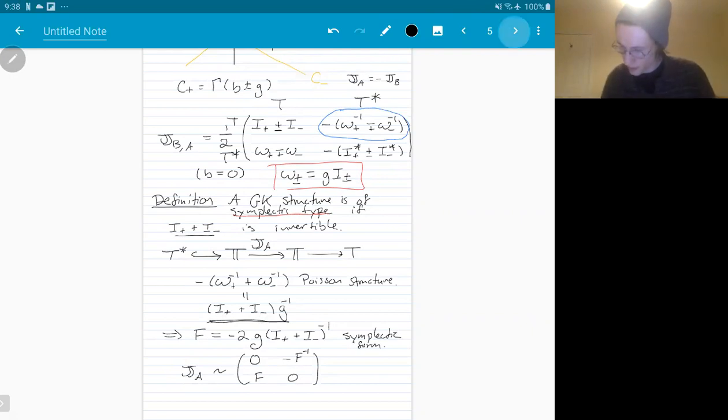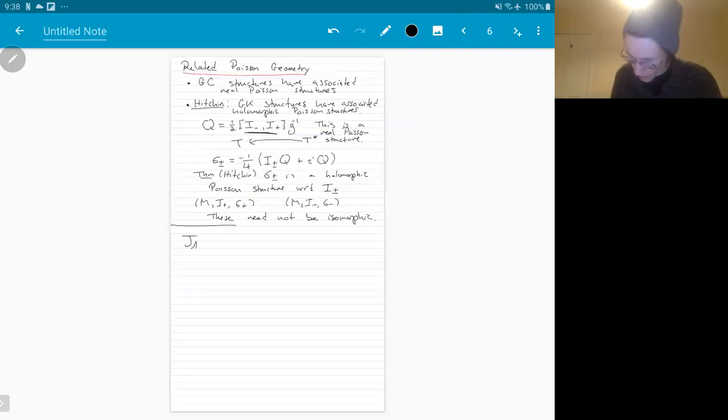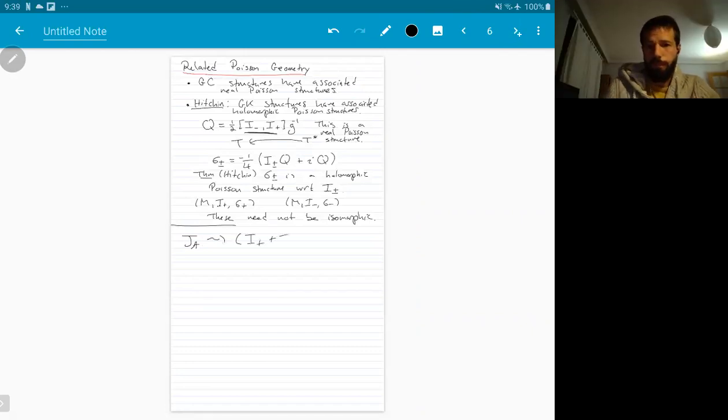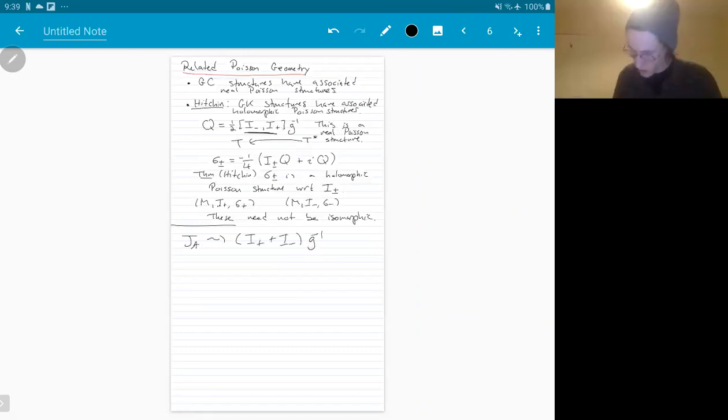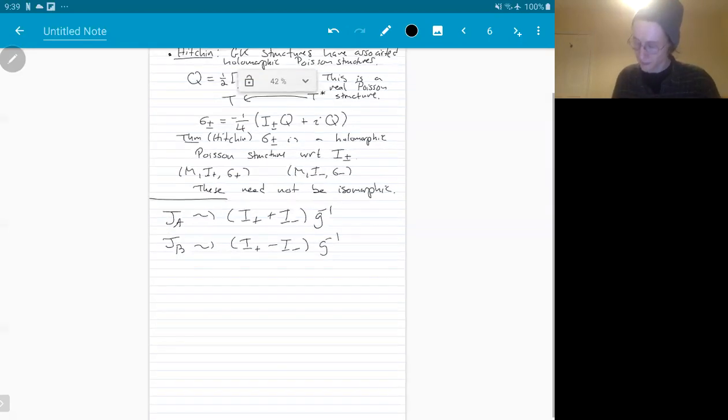Let me just say J_A gives you I plus I minus G inverse, and J_B gives you I plus minus I minus G inverse, up to a sign and some constants. So these are two different Poisson structures, and this one here, Q, is with the commutator.